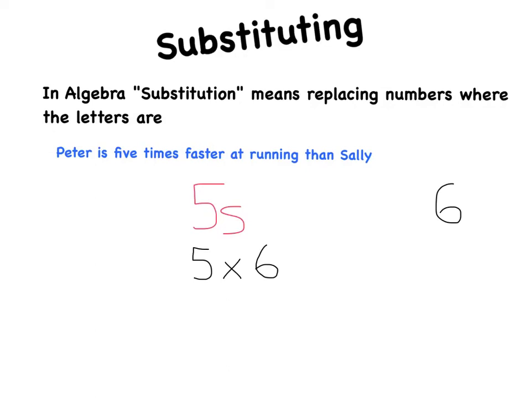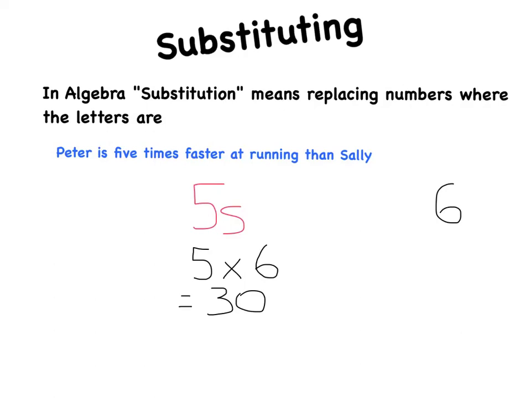So 5 multiplied by 6, and 6 5s are 30. That's my answer, guys, okay? That's how I substitute. It means you get given the unknown, and you simply plug that value into your formula in order to work it out.